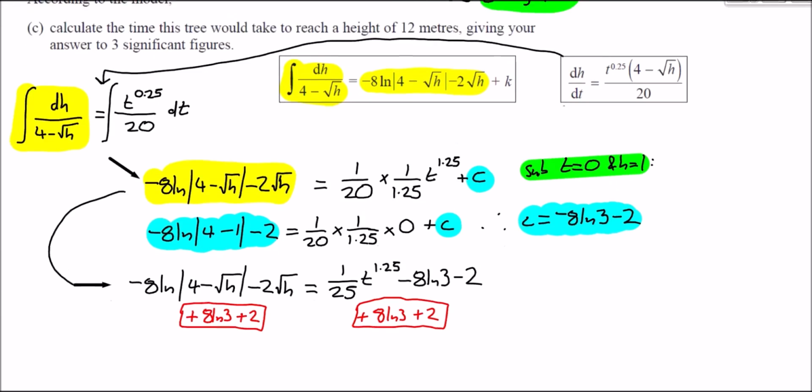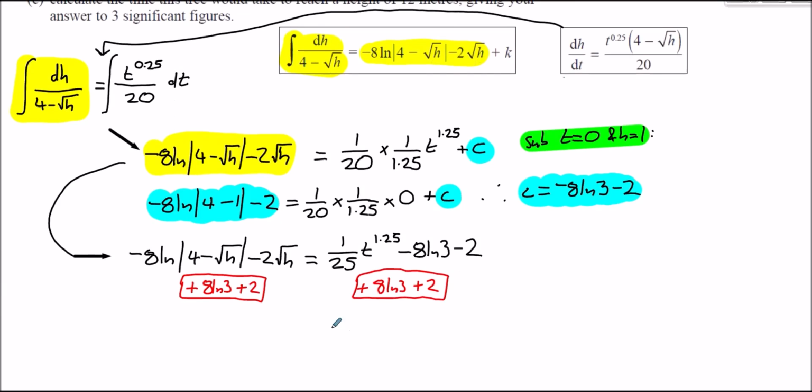So what I'm going to have now is that 1/25 of t to the 1.25 is going to be 8 ln 3 plus 2 minus 8 ln of 4 minus root h minus 2 lots of root h.